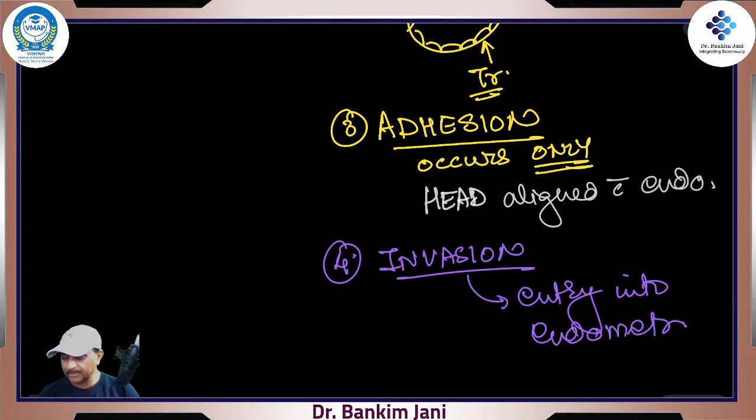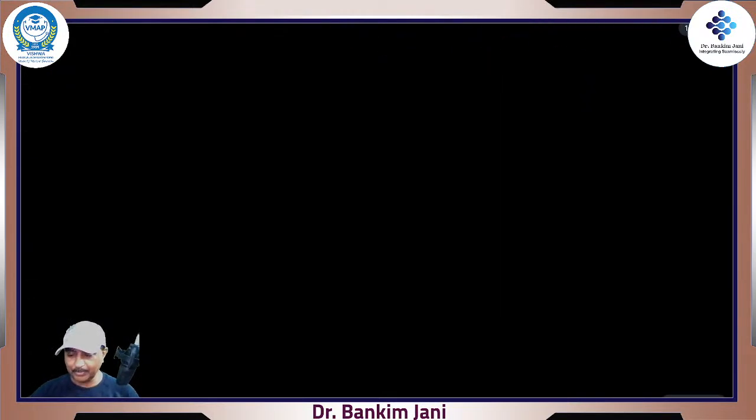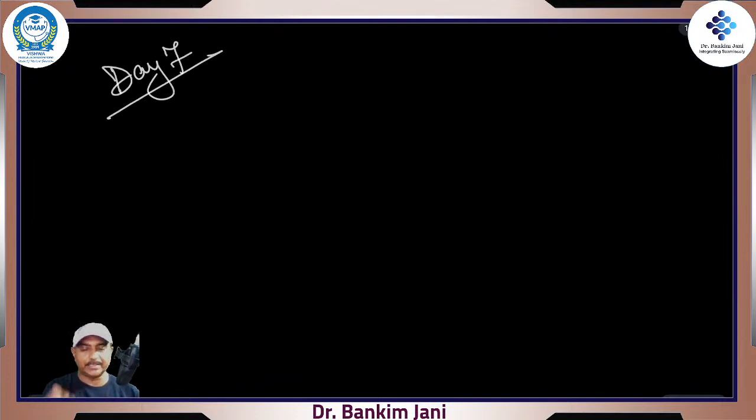So now the journey starts from this point, because from here things will be completely rapid. Let's draw it so that we are properly oriented. Let's say this is day 7, because implantation starts at 6.5 days, and by day 7 it is inside.